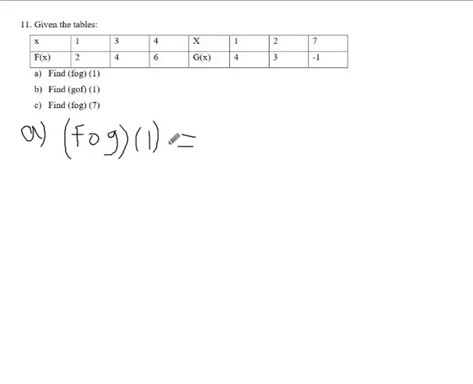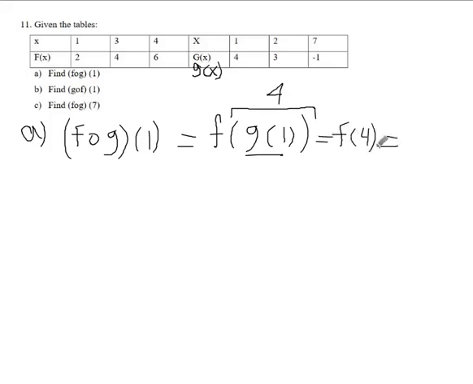Composition of f of g with respect to 1 means f of g of 1. So g of 1, we're going to look at the g function here. This is the g function. When x equals 1, g of 1 would be equal to 4. So we're really finding f of 4.